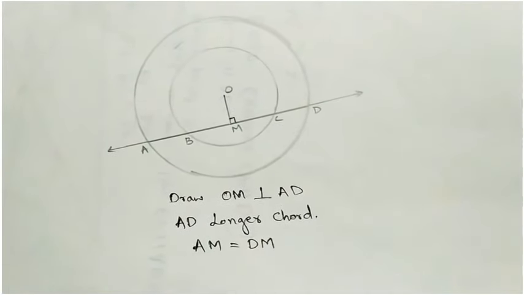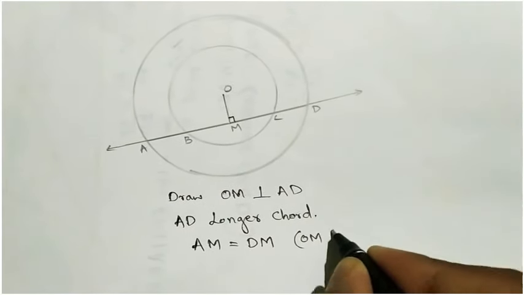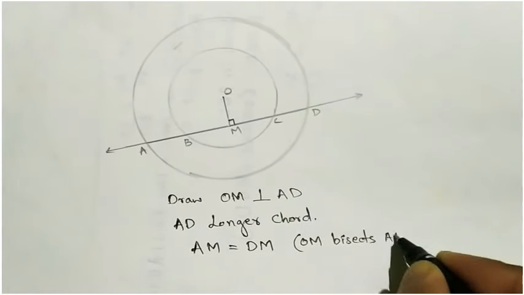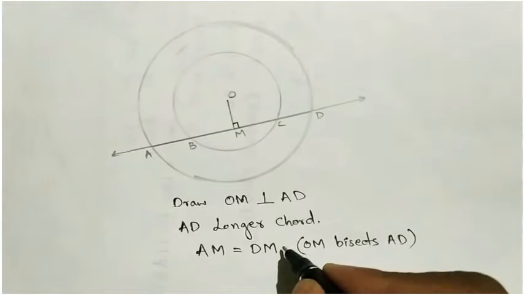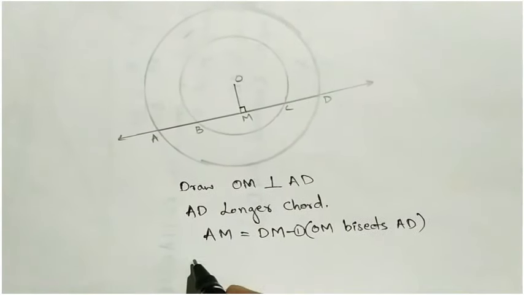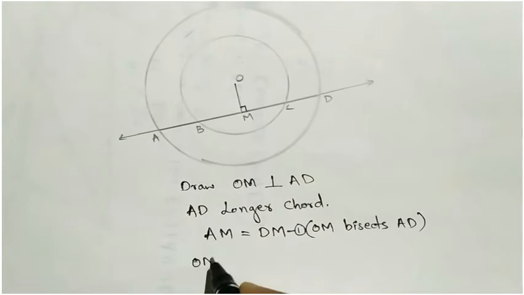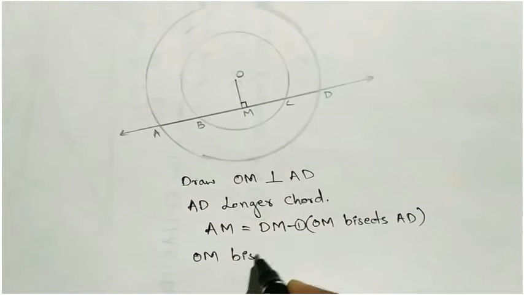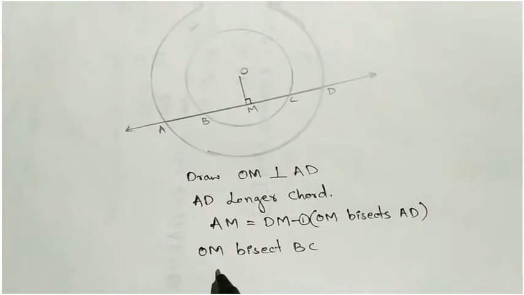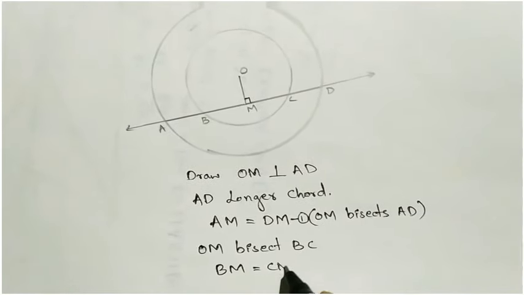Here we can write OM bisects AD. Let's take this as equation number 1. Similarly, OM bisects BC also. So it means BM equal to CM.